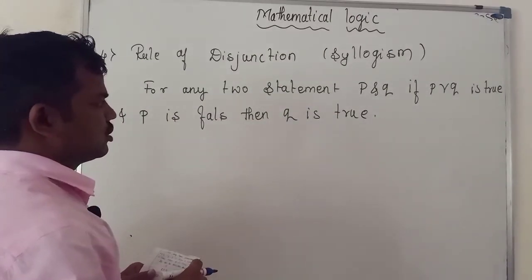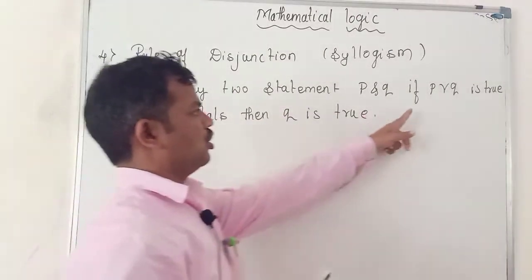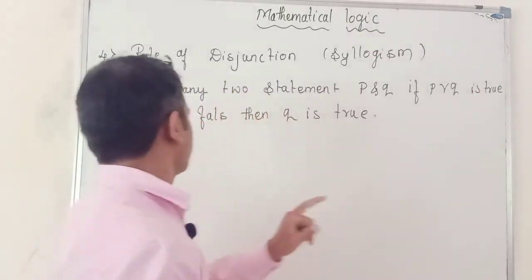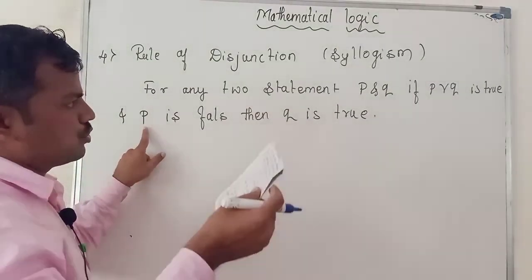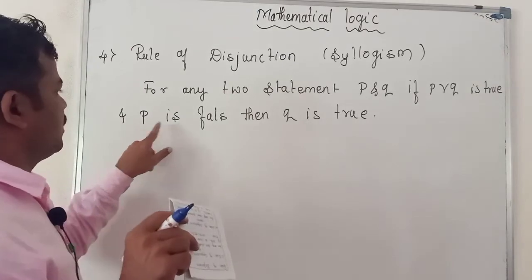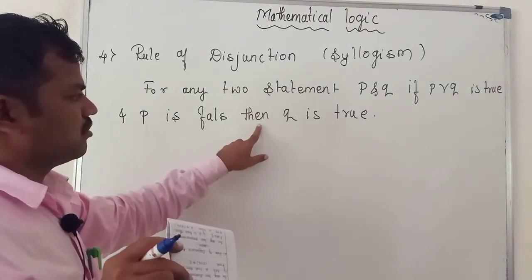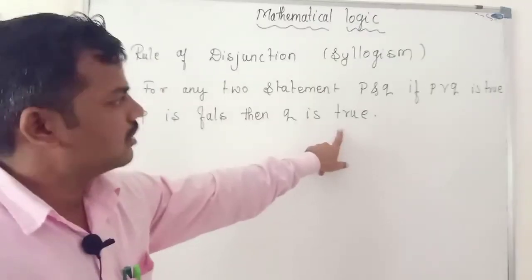So for disjunctive syllogism, if P or Q is true and P is false, then what should be there? Q must be true.